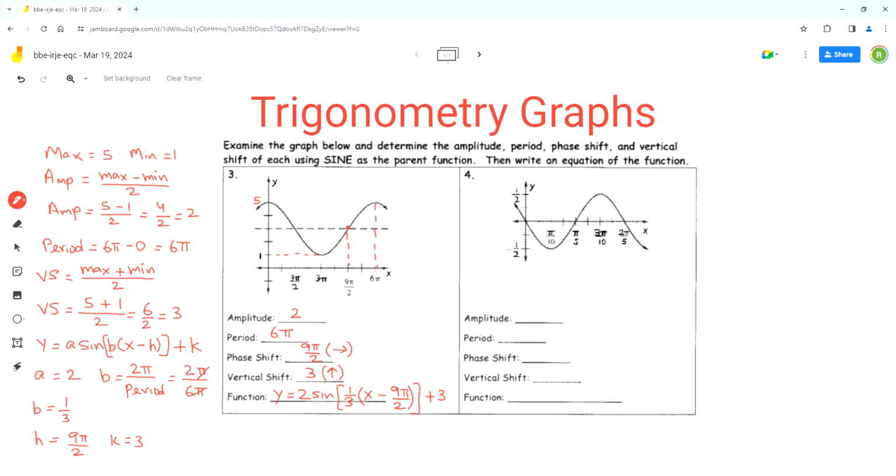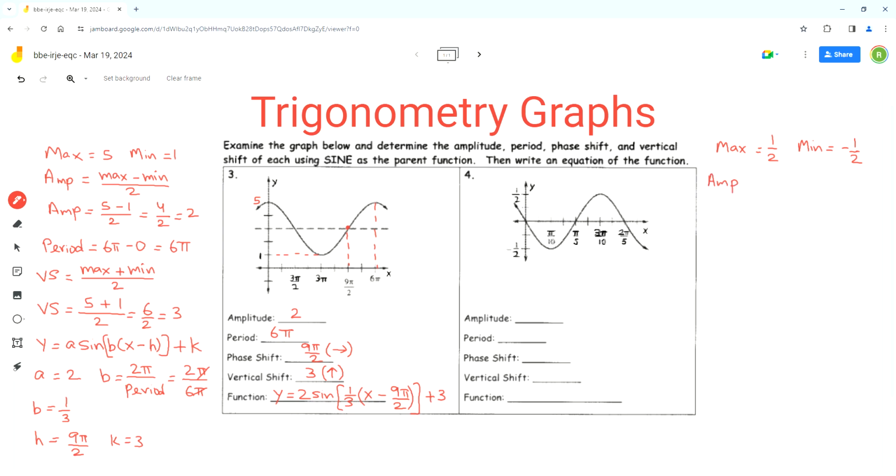Again, we'll start by identifying the maximum and minimum values. In this case, the maximum value is 1 over 2 and the minimum value is negative 1 over 2. Now we can calculate the amplitude.